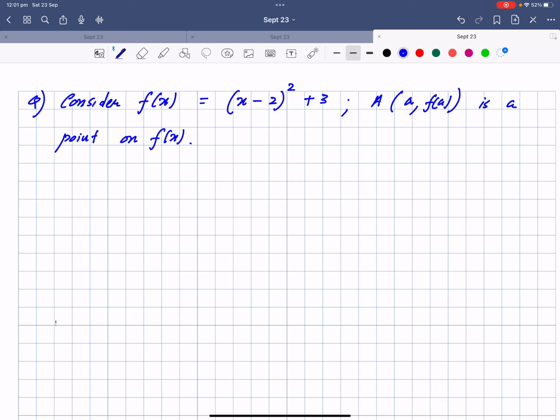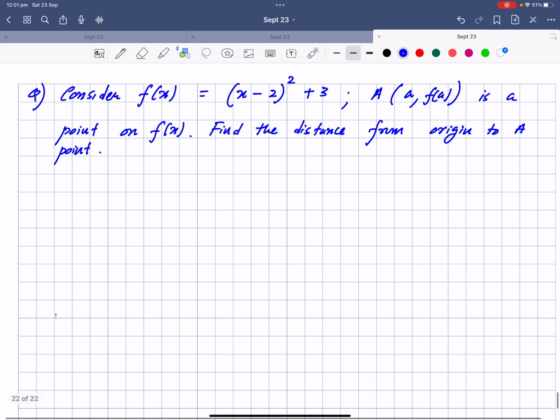Find the distance from the origin to the point. Suppose you have this question.